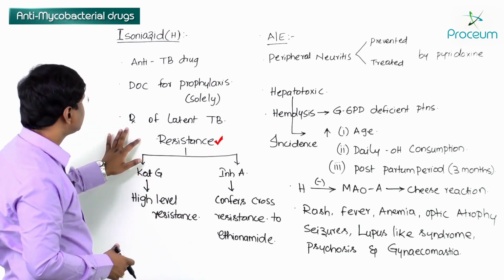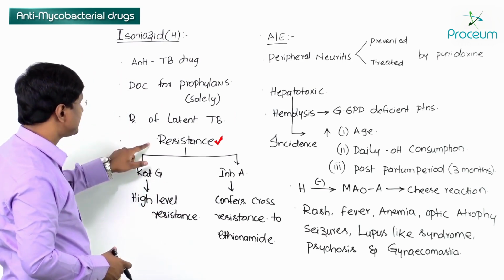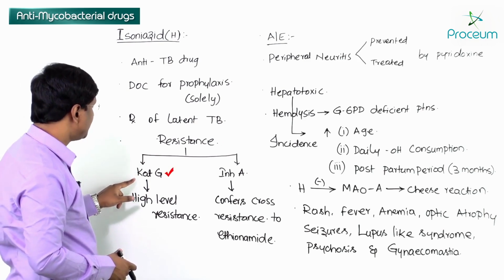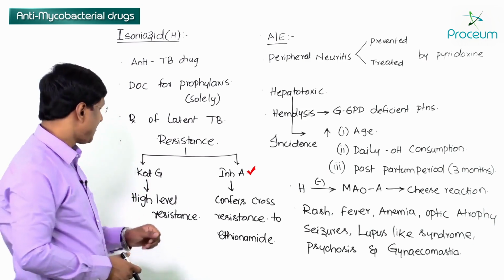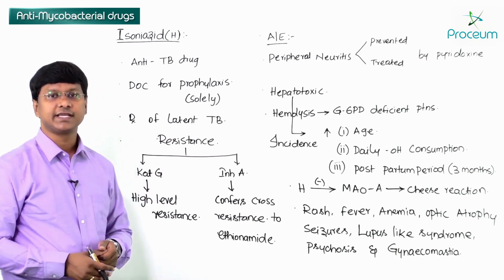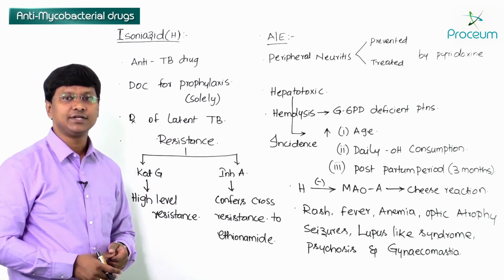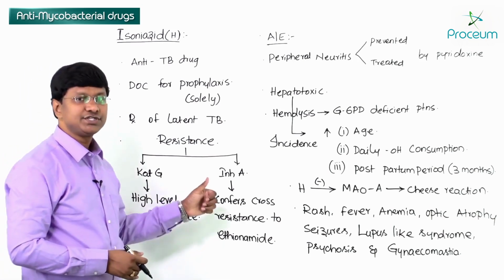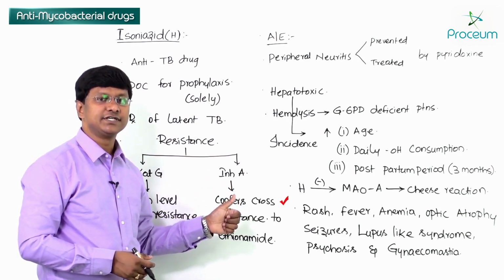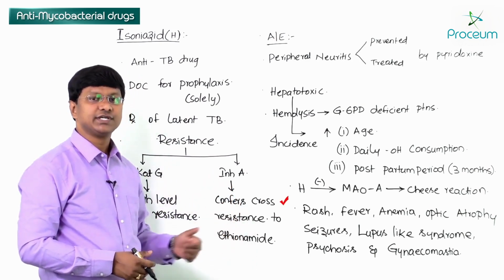Resistance to isoniazid can be due to mutation of the KatG gene or mutation of INHA. Mutation of KatG leads to high level resistance, whereas mutation in INHA confers cross resistance to ethionamide.